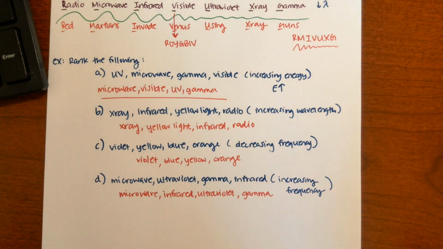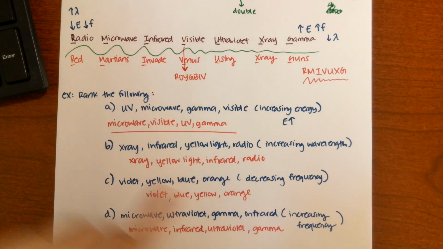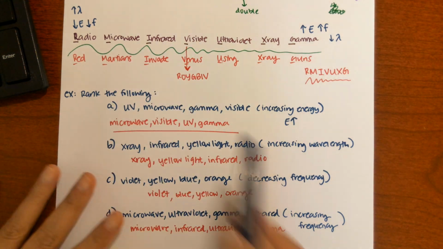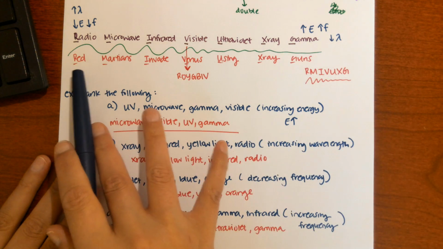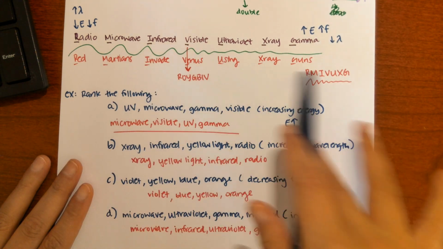All right. So the hard part is really knowing the spectrum. It's all about memorizing it and knowing how the trends work. So what I would do is know Red Martians Invade Venus, know the order, and do this big wave.